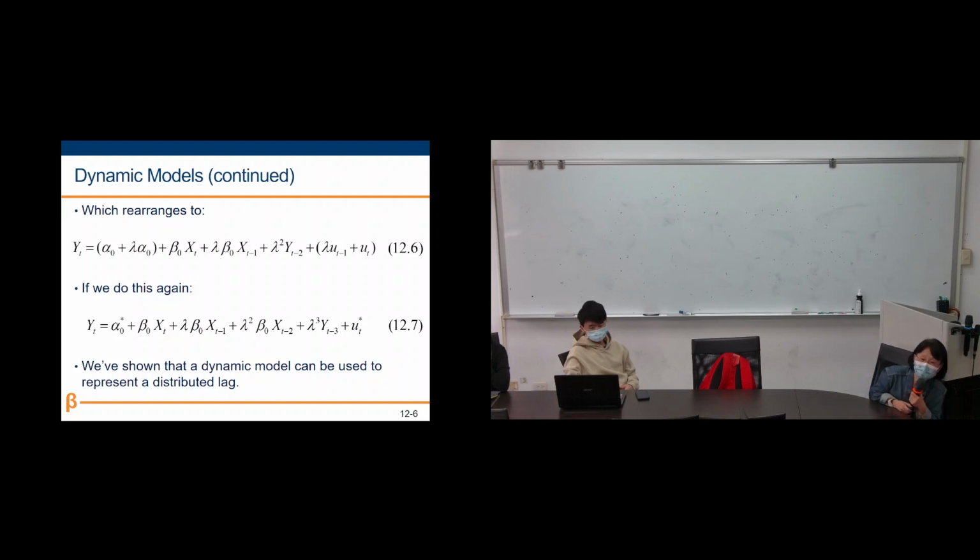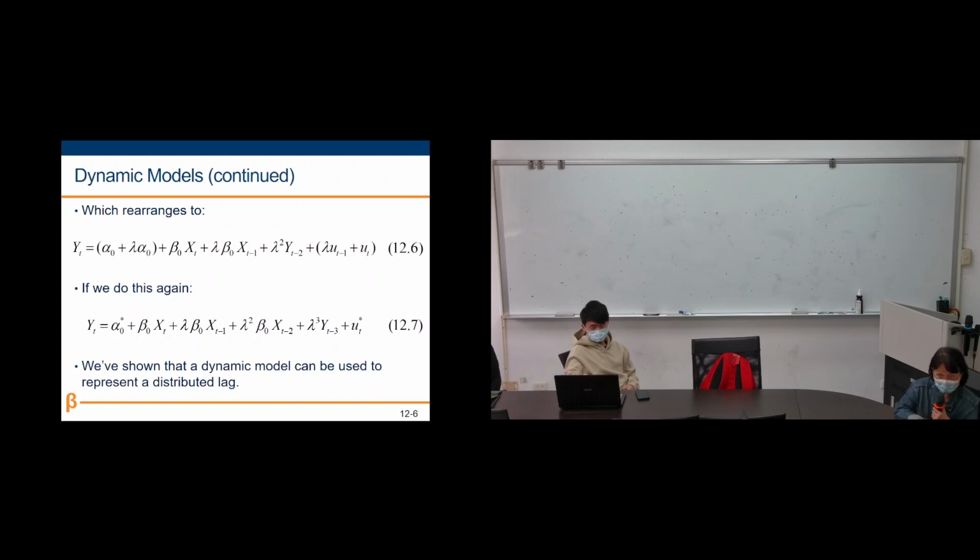And why do we want to express the dynamic model as the distributed lag model? If I use the OLS model, I do have several problems.